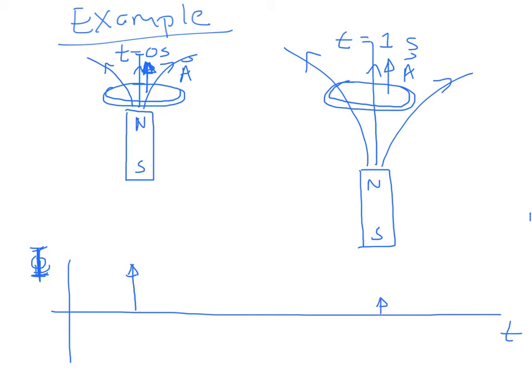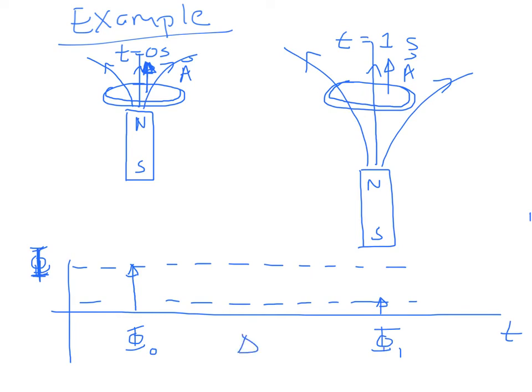Now then, we have to look at the change. The change in the flux will be what we have to add to the first vector to get the second vector. Now the first vector is at this level, and the second vector is at this level. This is phi initial, this is phi final, or at time 1.